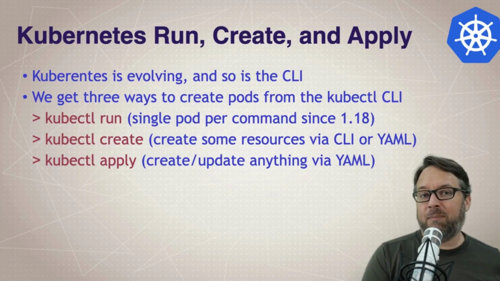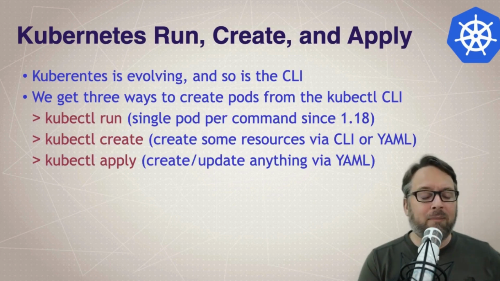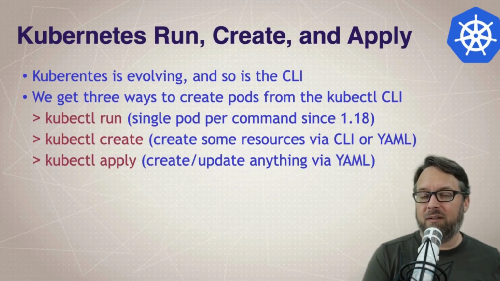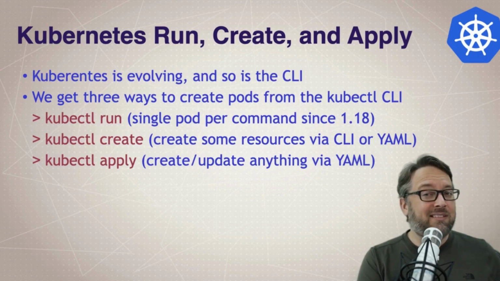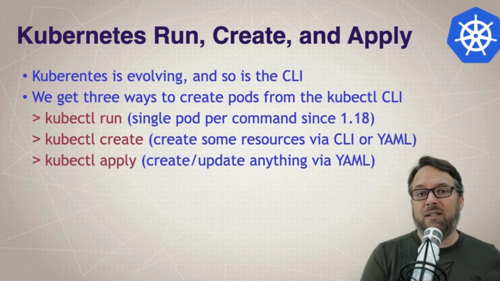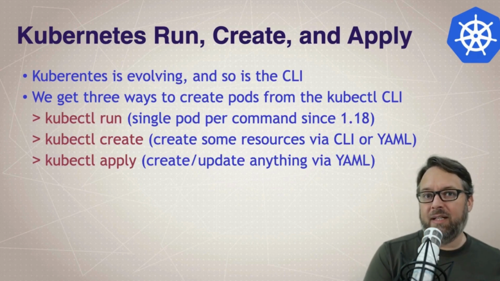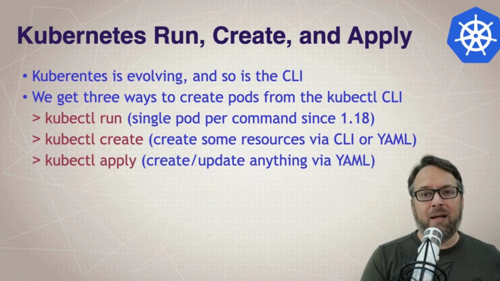You'll see a couple of examples of using kubectl run. It's probably the closest to Docker run that you would experience. And then kubectl create can be a similar experience to Docker create for Swarm, right? And then kubectl apply might seem similar to a stack deploy with Swarm.